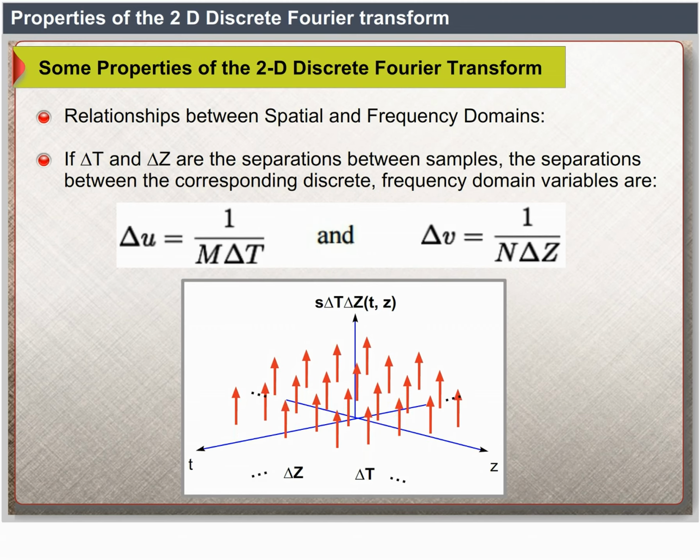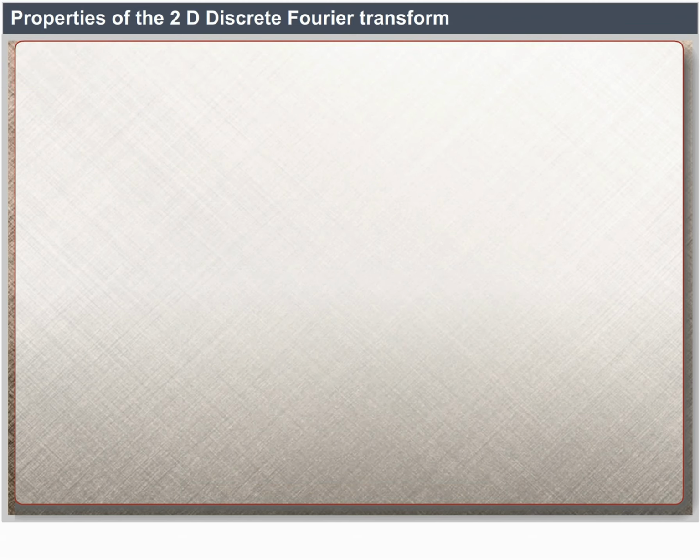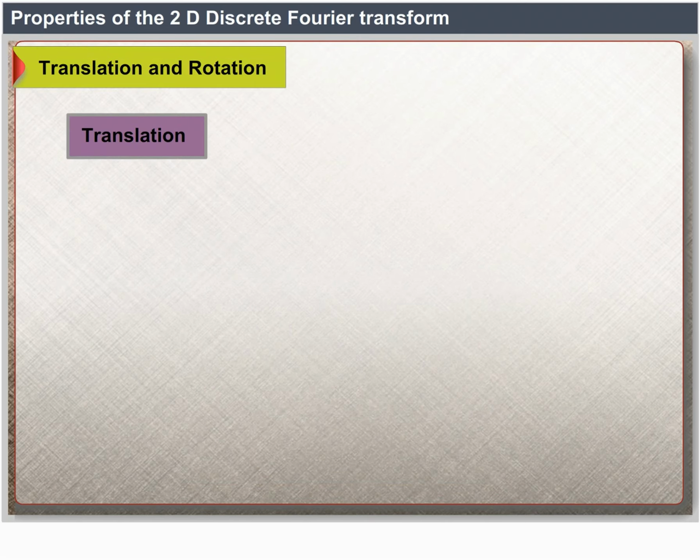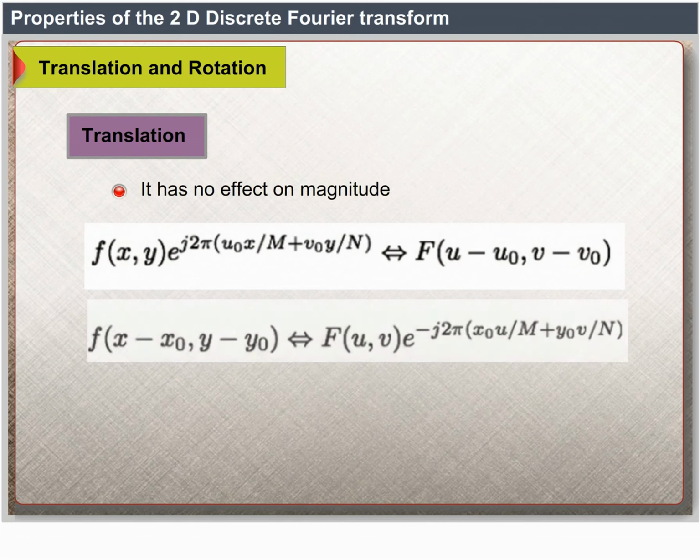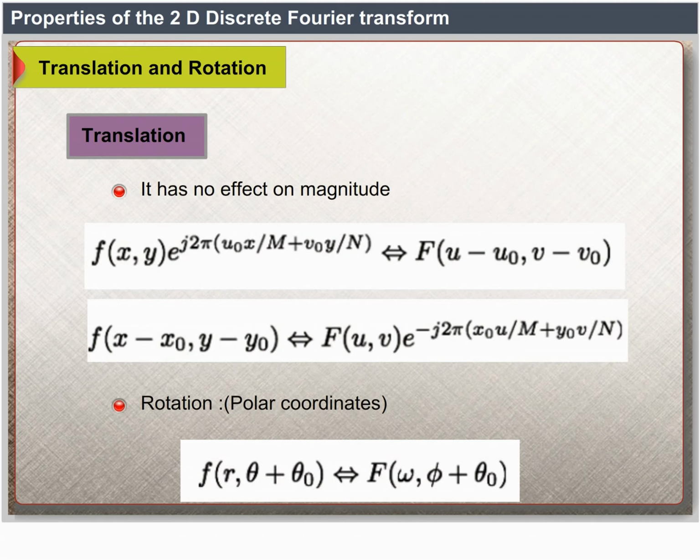Periodicity. The 2D Fourier transform and its inverse are infinitely periodic in both directions, and the equations are as shown on screen, where K1 and K2 are integers. 1D spectrum. Shift the data so that the origin F of 0 is located at u0. Please study the equations on screen.